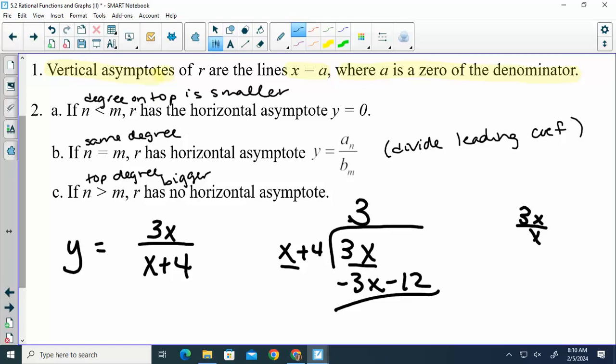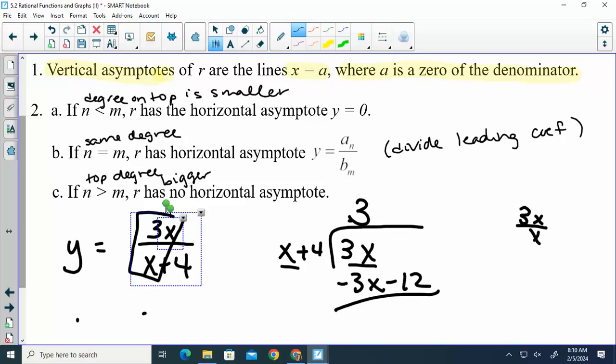So it doesn't work out perfectly. We get 3 and then a remainder. So the horizontal asymptote happens at the 3. That's where the 3 comes from. We can get that here if we just divide the leading coefficients. If I see 3x divided by x, that is 3. So that's where the second rule comes in. If it's the same degree, you divide the leading coefficients.